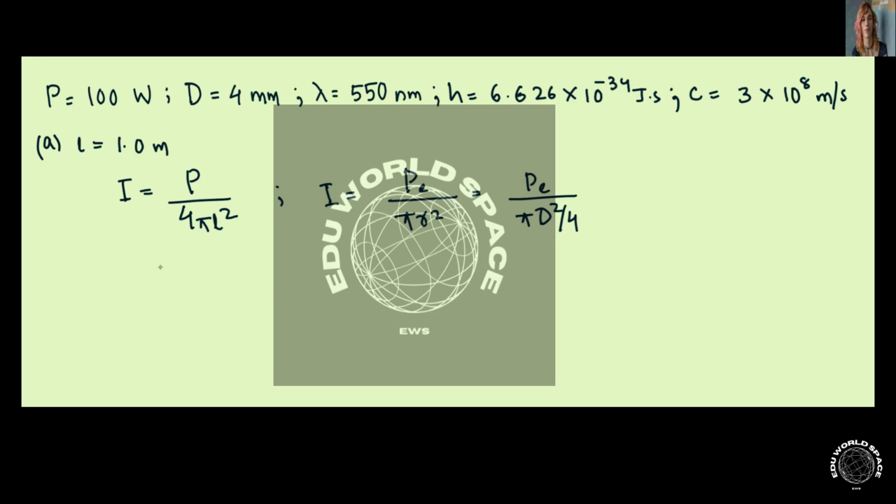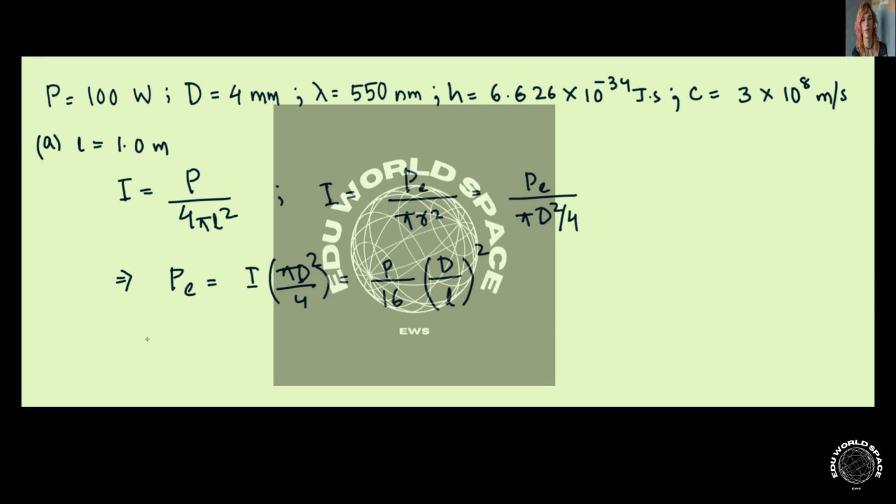Now we use this equation to get PE. So PE will be equal to I times pi d square over 4, and this will be equal to P over 16 d over L whole square.